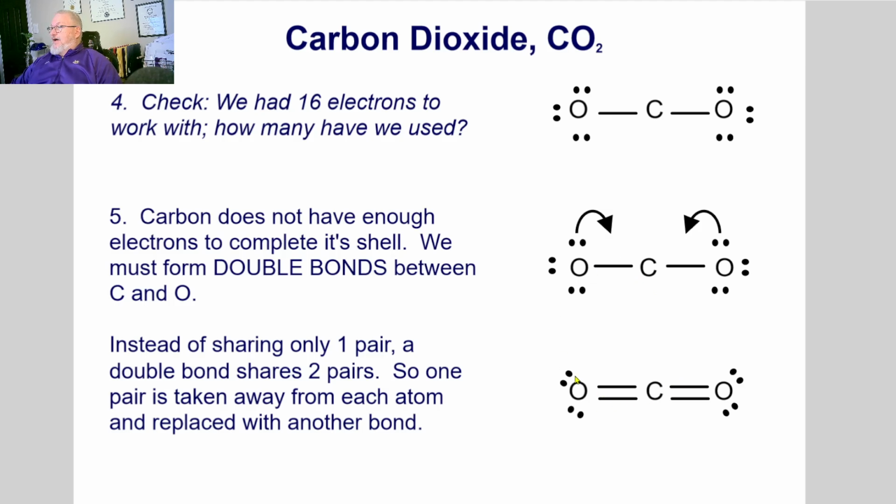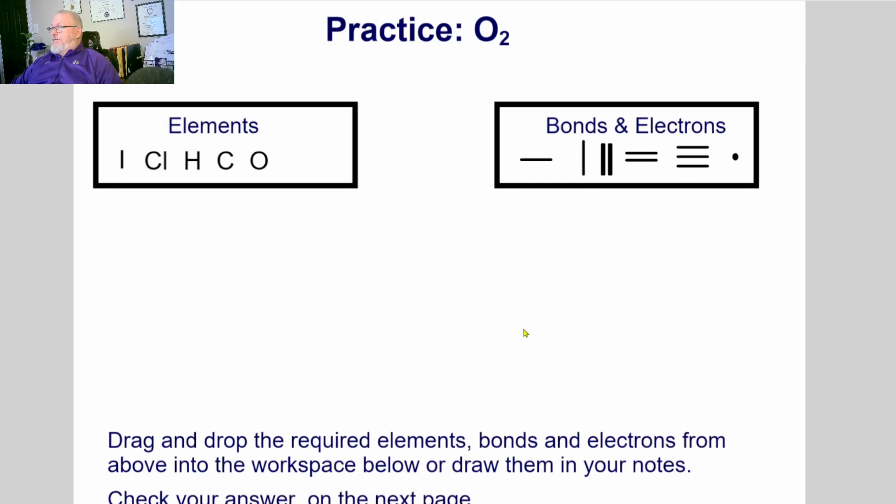So now I've got 2 lone pairs around that oxygen, 2 lone pairs around that oxygen, and carbon is sharing those electrons with the oxygen. So now it also has 8 electrons around it. Everybody's happy, and we're using 16 electrons: 2, 4, 6, 8, 10, 12, 14, 16. Man, we're all happy. All right.